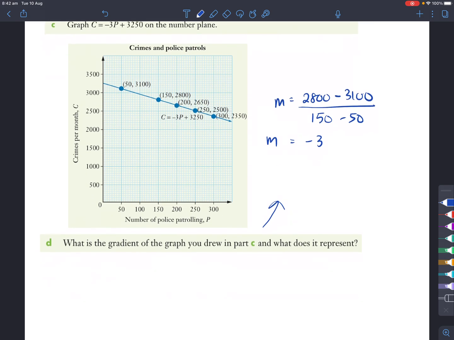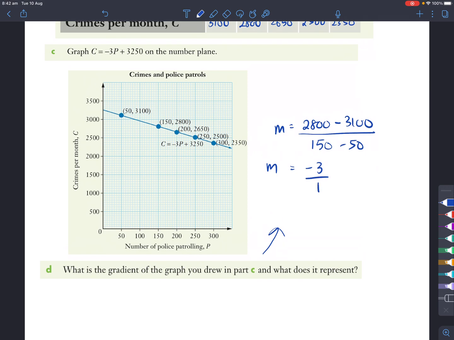Now, what does this actually represent? If I write m equals negative 3, that's the same thing as negative 3 over 1, which is my rise over run. Run represents x, rise represents y. But in this case, we've got not x and y, we've got P and C. So this means that for every single policeman increase, there is a decrease of 3 crimes.